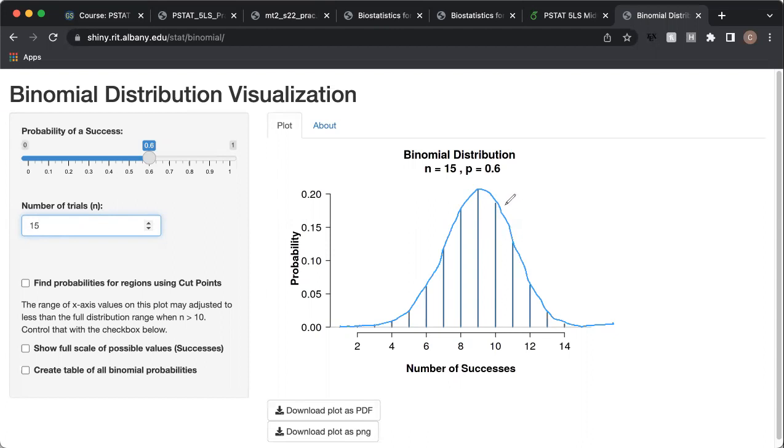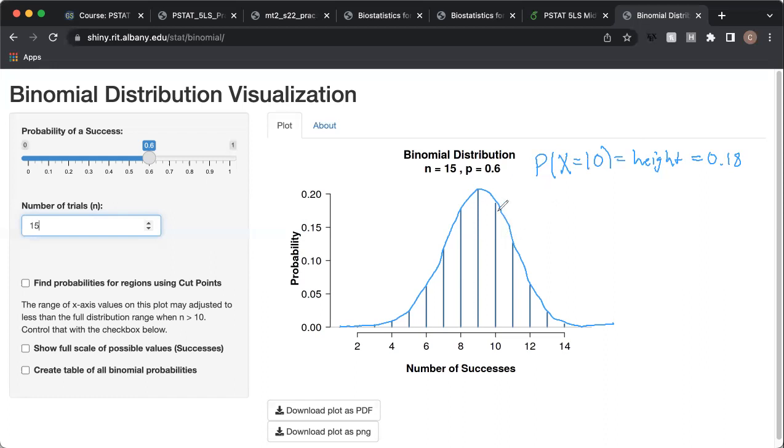So let's take, for example, this value at 10, then we can see it has a height of about 0.18, I would say. So it looks like the probability that x is equal to 10 is equal to the height of the bar, which is about 0.18. And I'll just say it's 0.18 exactly for this purpose.